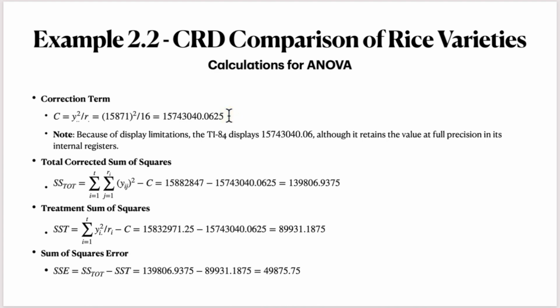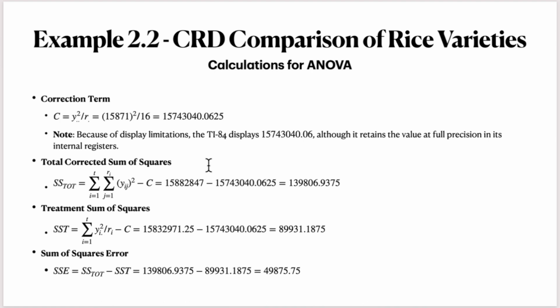However, in the internal registers of the calculator, it has the full precision, so it has the 0.0625. So I just wanted to point that out in case you happen to have a TI-84 and do this calculation. It's not going to look quite like this. It's going to round the decimal portion to 0.06. Okay, so that is the correction term.